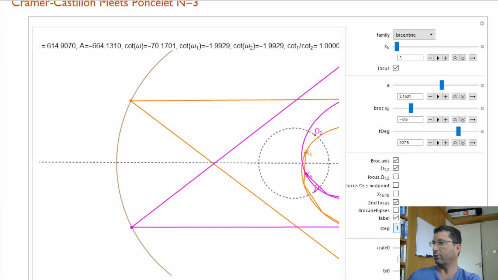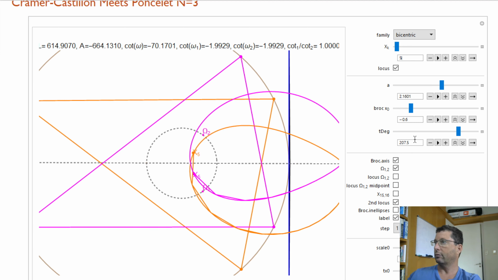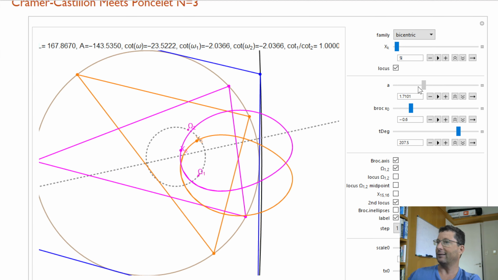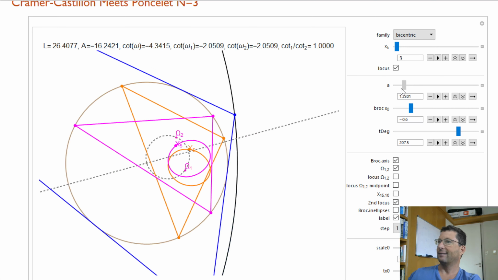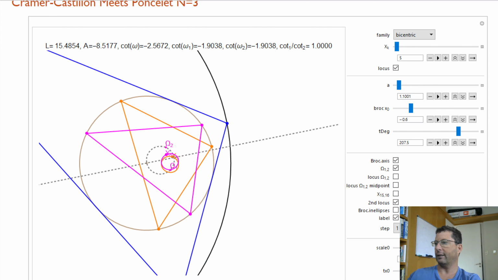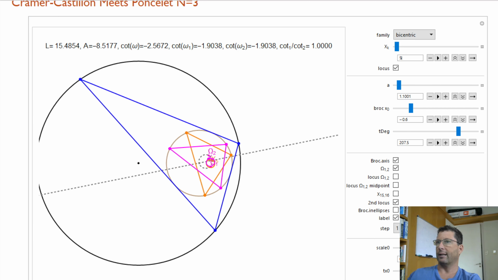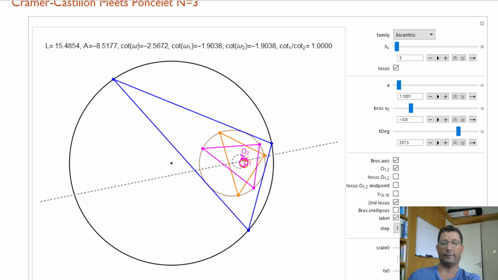Let's now position these so that we can all look at it. So let's make this bicentric family be less bicentric, like that. And now we can recall that this is the family interscribed between two circles.